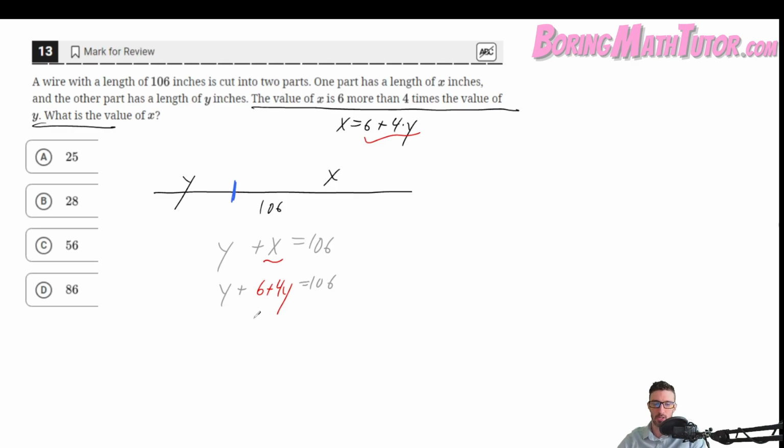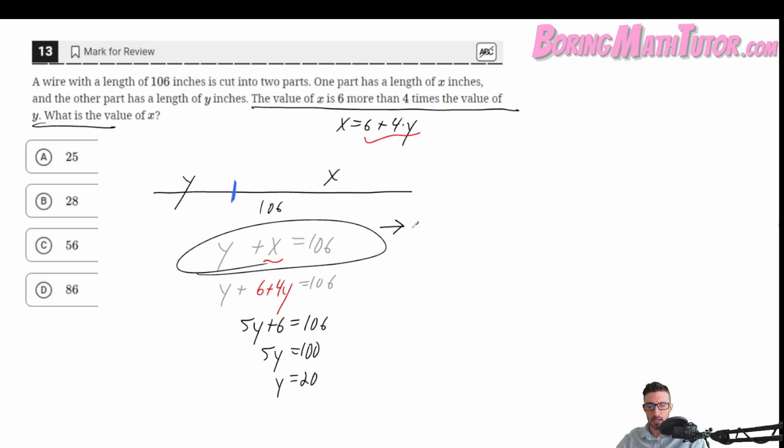This will allow me to solve for y. So I'll just solve that for y'all. We get y is 20. But remember, y plus x was equal to 106, so that means 20 plus x is equal to 106, so that means x is equal to 86.